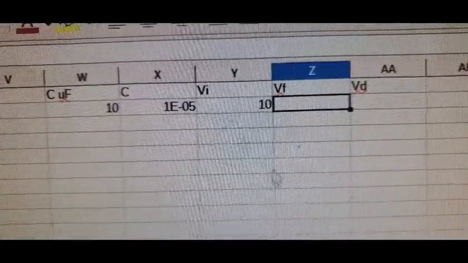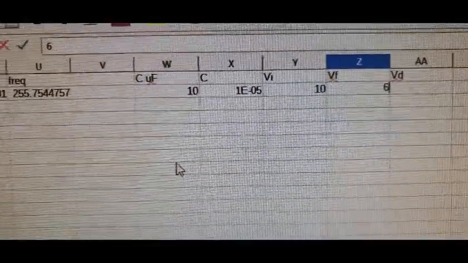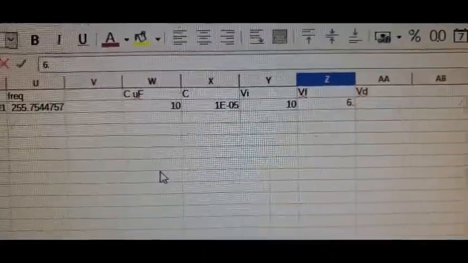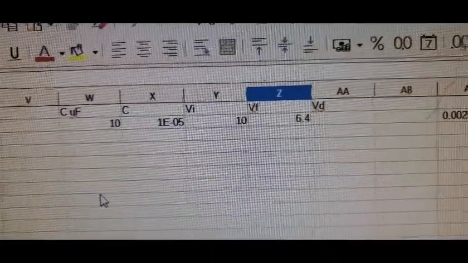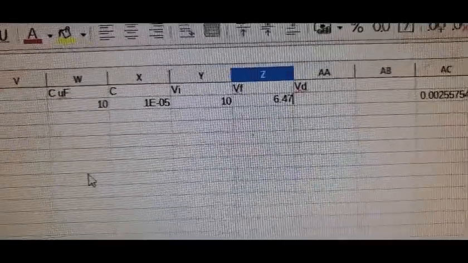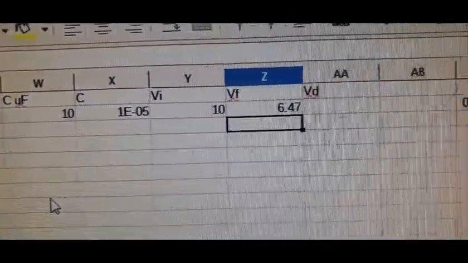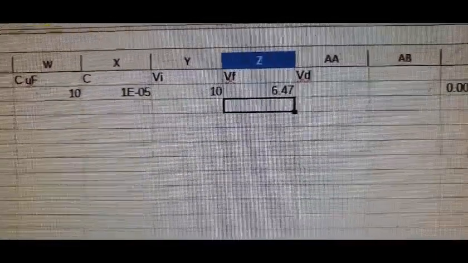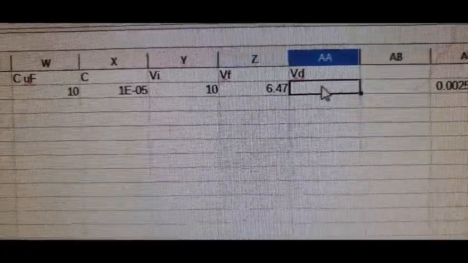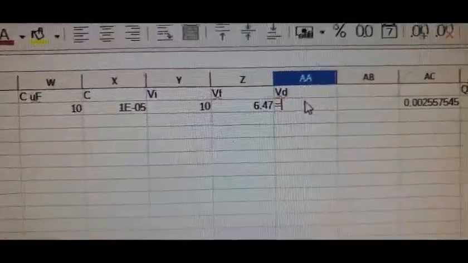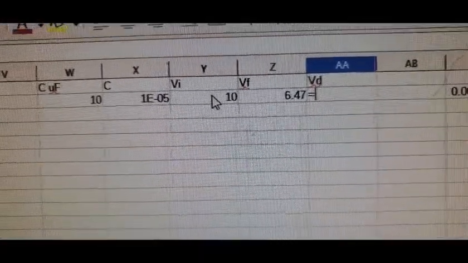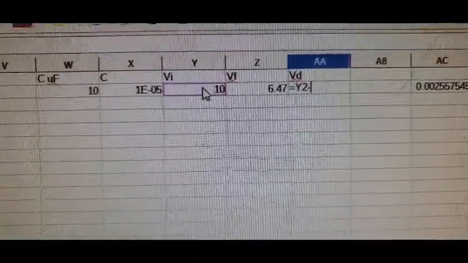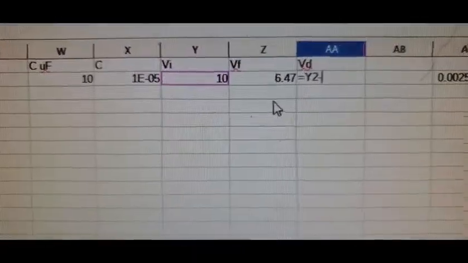Start at 10 volts. I think we said 6.47 was what it ended at before you need to recharge it. So the voltage that you need to recharge is this minus this.